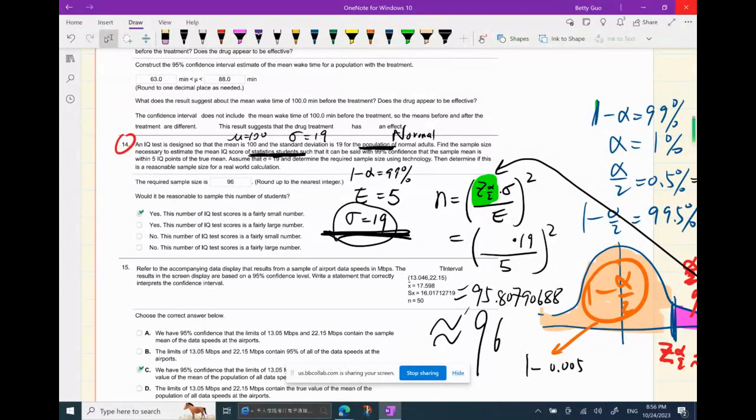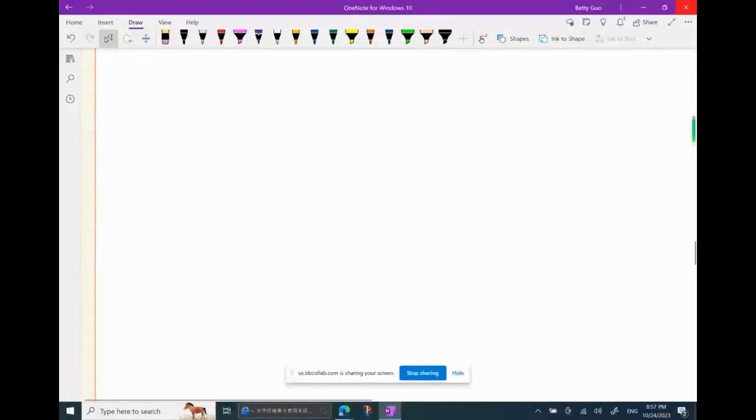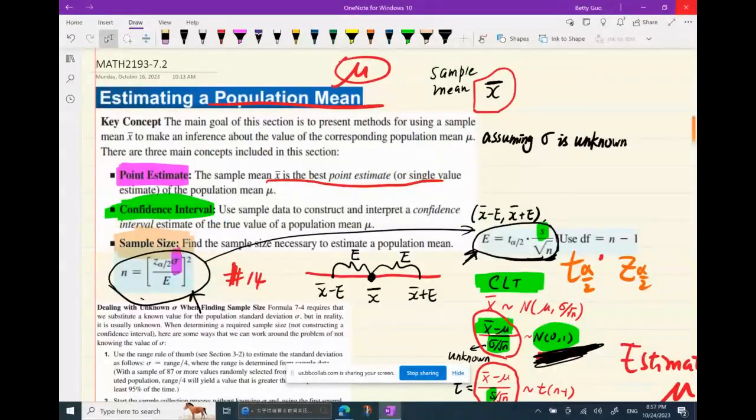Okay, so we would have to stop here. We did cover all the 3 things we planned to cover. Even though we didn't have enough time to practice, we did cover what we needed to cover. We covered how to use the technology to construct the confidence interval for a population mean.